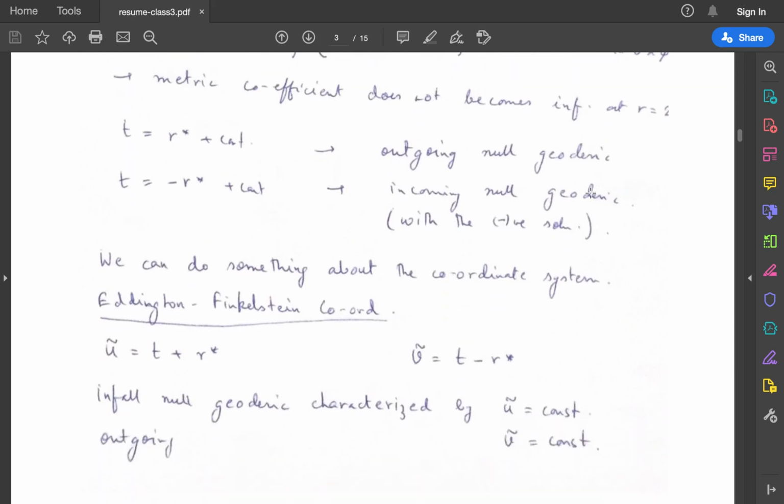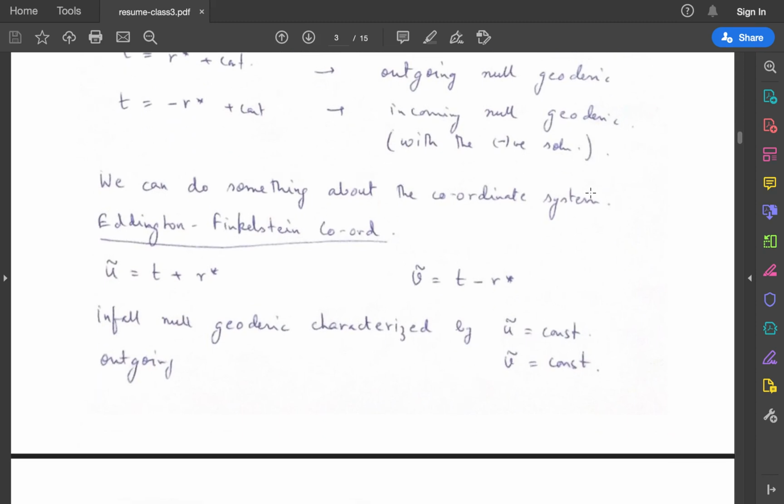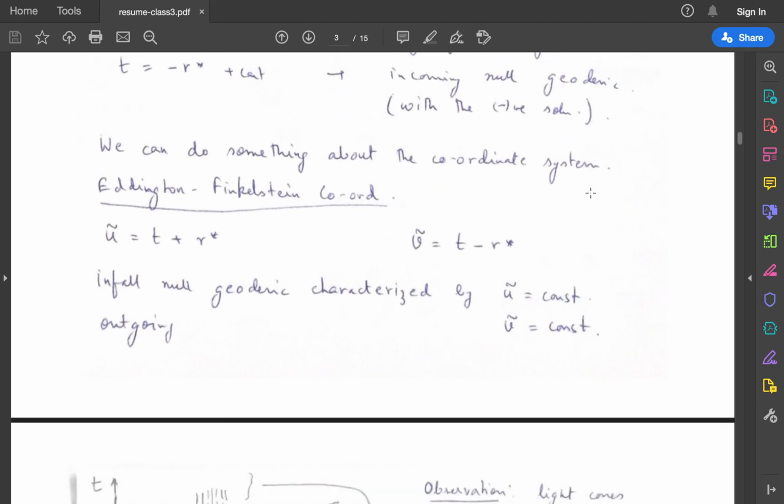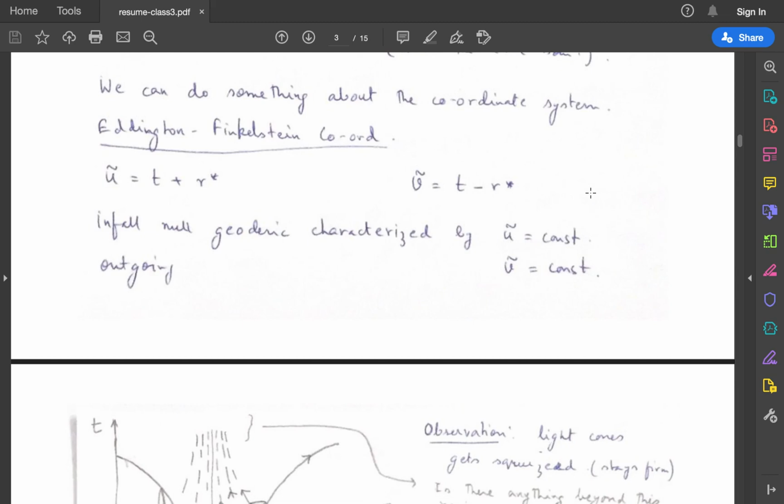Let us change the coordinate system so that we see that t equal to minus infinity and plus infinity are nothing but blown up coordinates which are finite, but we are missing out on them. That was first done by Eddington and Finkelstein, which is known as the Eddington-Finkelstein coordinate.